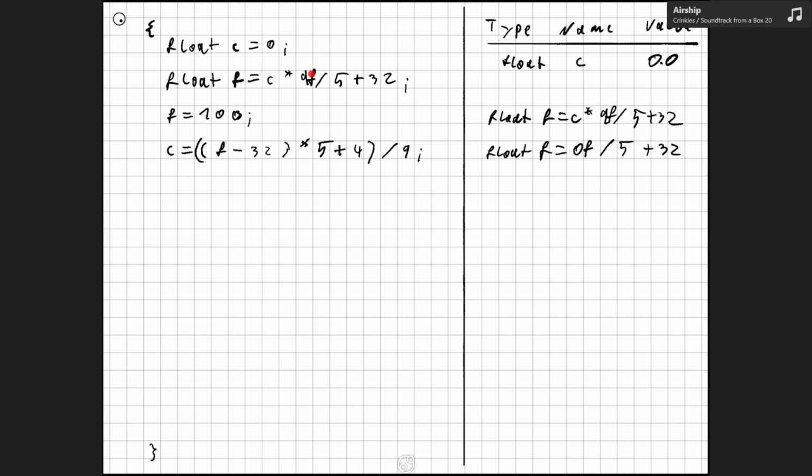We told it that. It will see this 9 as a float. But this 5 is still just integer. Data type int. So we end up with float divided by int. What the computer can do now is it will convert this value 5 from type integer to type float. Because data types can be converted between one another.